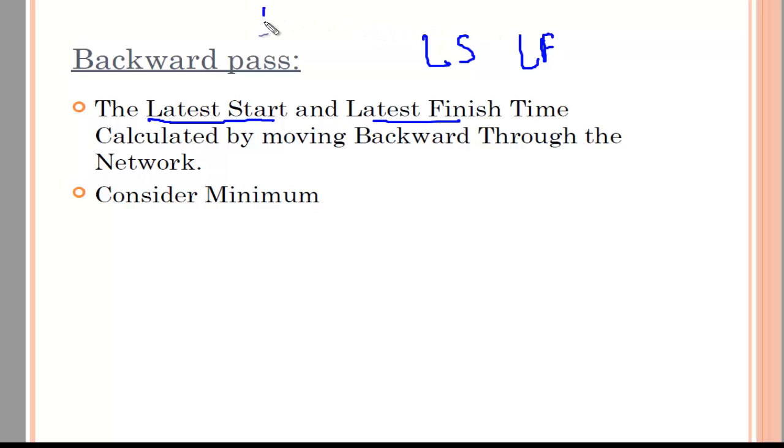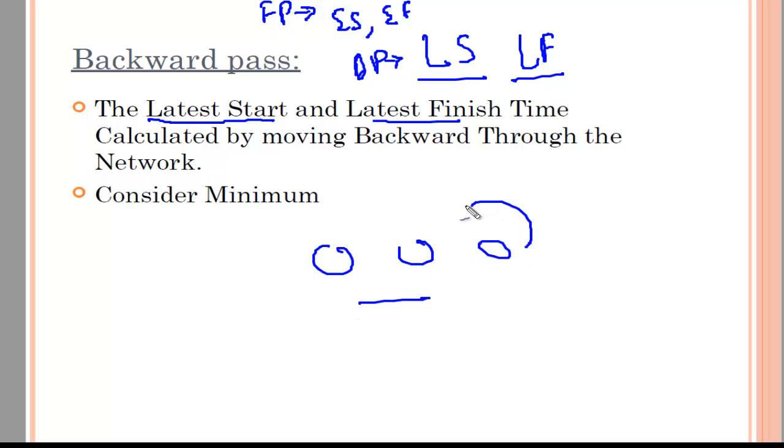In the forward pass, I was seeing the earliest start time and earliest finish time. Now in the backward pass, I am using the latest start time and latest finish time. By going backward in the network, from finish to start, I'm coming back. And here you don't see the maximum, you see the minimum.